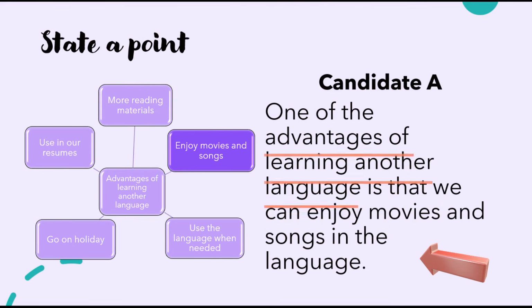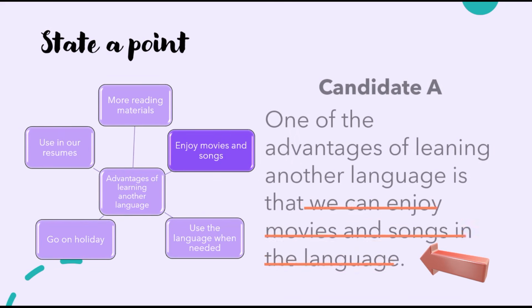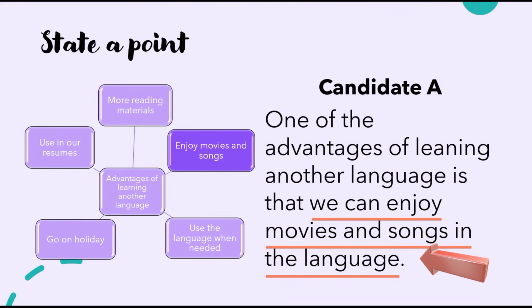In the first part of the sentence, the candidate has repeated the situation, advantages of learning another language, and then linked it to the second part. We can enjoy movies and songs in the language. So this is how you state your point. Always repeat the situation which is in the middle of the mind map and then link it to the point you want to talk about.